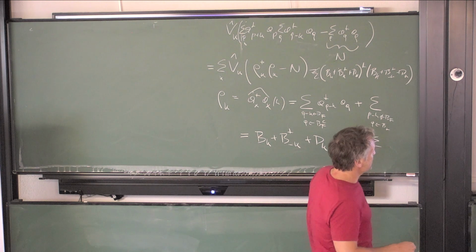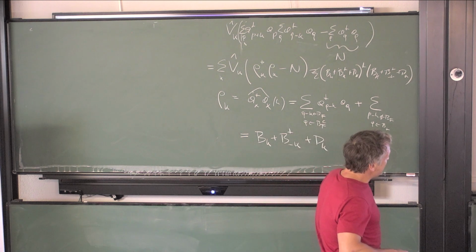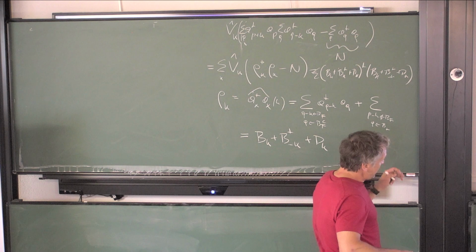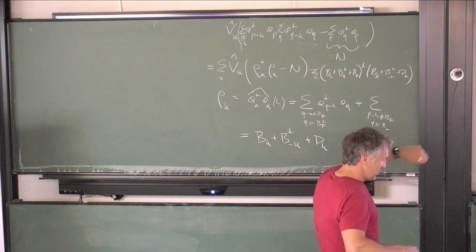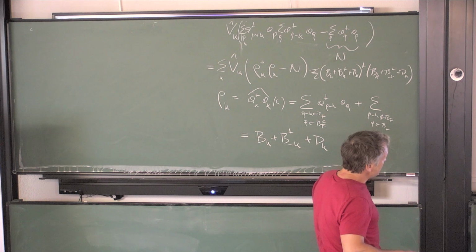And now what about the kinetic energy? If you take the kinetic energy into the commutator with B or B star, what you get is basically this energy, the energy you get when you put one particle out of the Fermi sea, times B star.